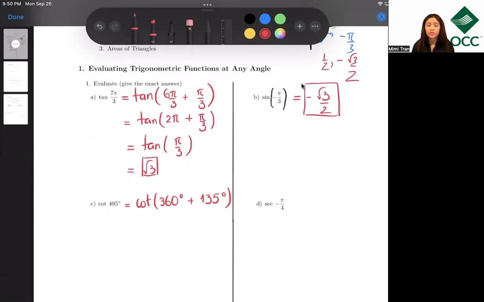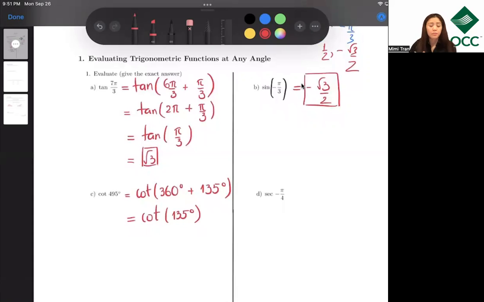Same argument: you start out with 135 and then you go once around, 360 degrees, and you end up back where you started, at 135 degrees. That's what they meant by running around in a circle; you go back to where you started. If you look up on the unit circle, cotangent of 135 degrees is -1.